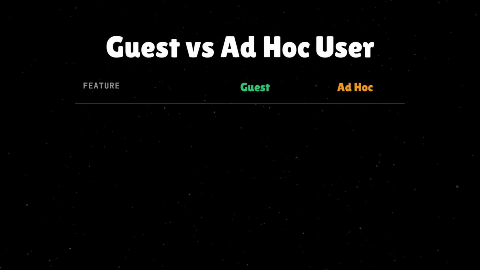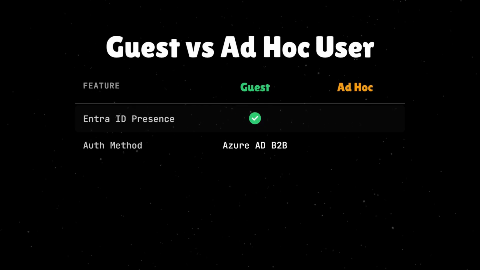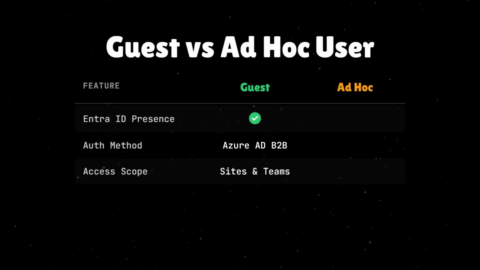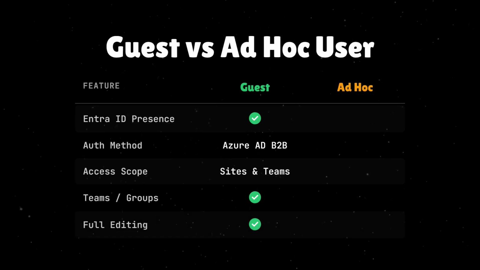Let's break down the key differences. Guest users live in your Entra ID directory, sign in with their Microsoft account, can be members of Teams or Microsoft 365 groups, can edit files in Word, Excel, PowerPoint online, and are covered by conditional access policies.